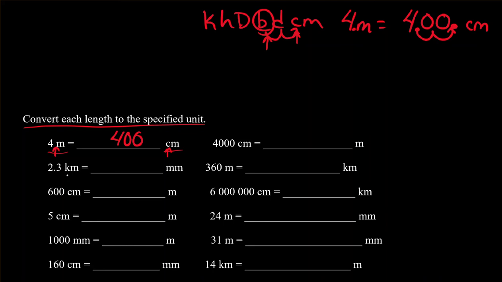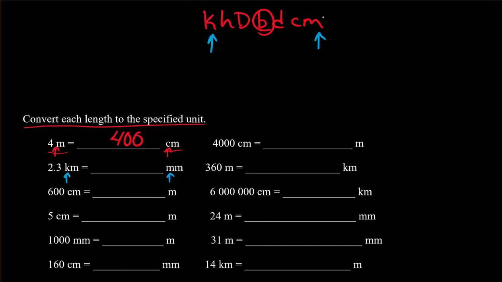Let's try another one. Let's go from kilometers to millimeters. I'm just going to erase all of this here. We're at kilo, and we want to get to milli. How many times do I have to move the decimal? This mnemonic represents the number of times and which direction. So 1, 2, 3, 4, 5, 6. I have to move my decimal 6 times to the right.